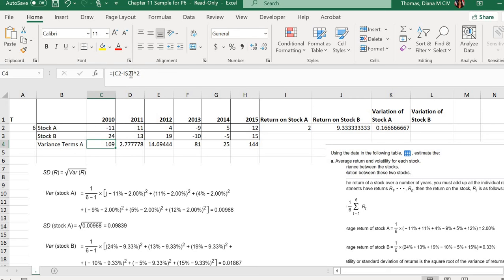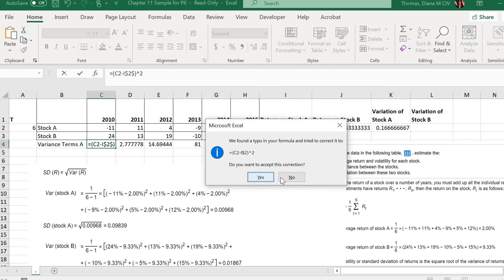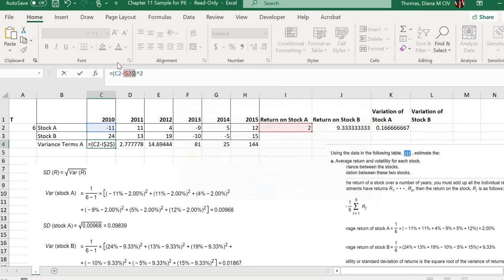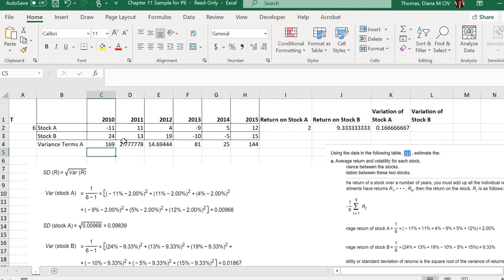Put S. I think I have to do this. Yeah. Okay, let's see. What it did is it scrolled. So let's see. Now it didn't scroll. Now it's I2 in all of them.